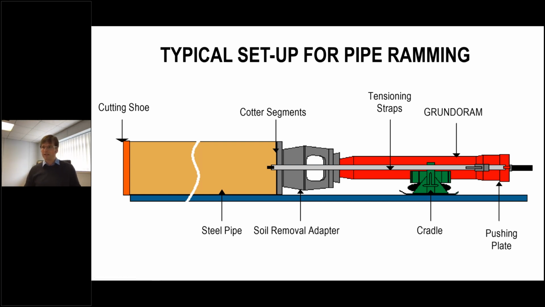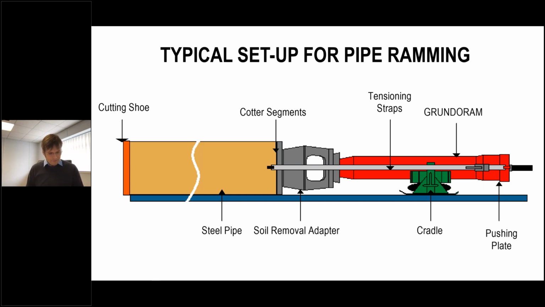The cotter segments sit on the face of the product pipe and act as an adapter between the pipe and the ramming cones. The ramming cones are really the adapter between the rammer and the pipe itself, but they also act as an opening for soil removal.